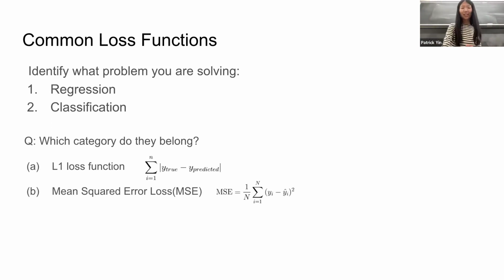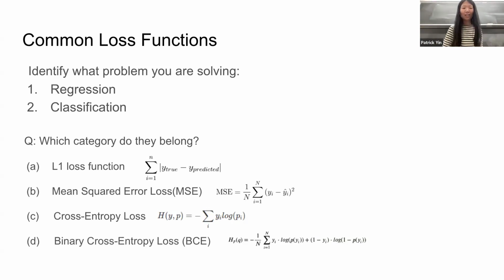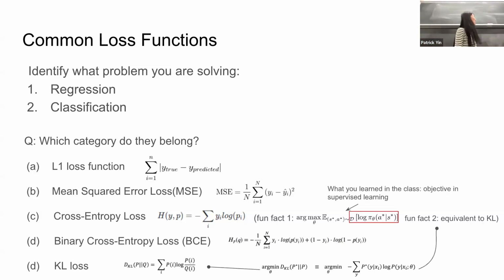Regression? Nice. Cross entropy, classification. Binary cross entropy, classification. And KL loss, classification. Essentially, if you see a loss function with a P or log P, it is probably about distributions, which is basically classification.